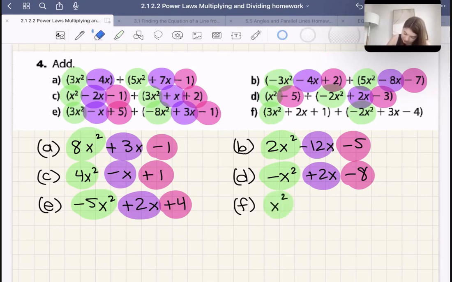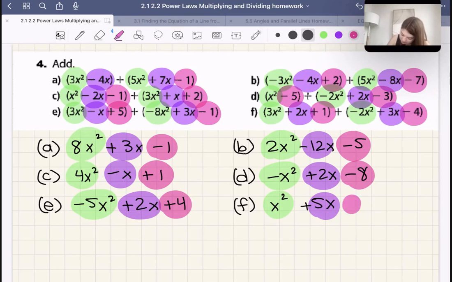Then we have 2x and 3x, which adds up to 5x. And then we have +1 and -4, which adds up to -3. And there we go. Awesome. All done at long last.